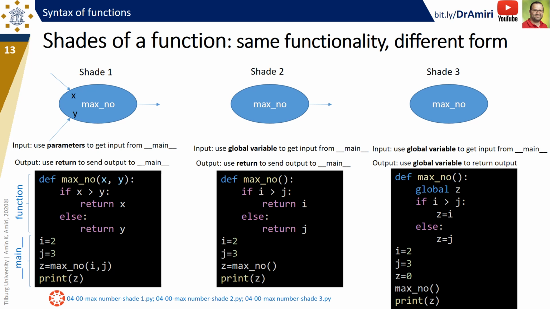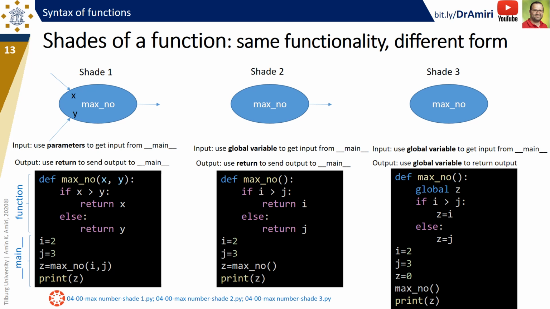By shade of a function, I mean two functions that have the same functionality but different forms. That means the signatures of the two functions are different, or the way they return the value to the main body of the code is different.